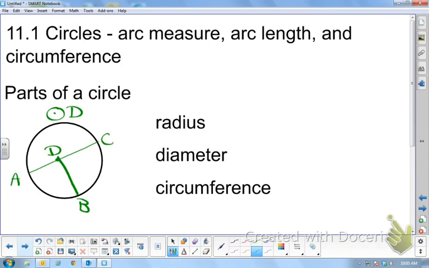So radius is half the diameter. What else do we know about the radius of a circle? It goes from the middle to the outside. So radius is from the center to the outside. It's half the diameter.